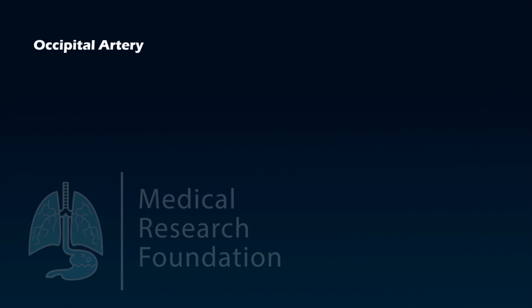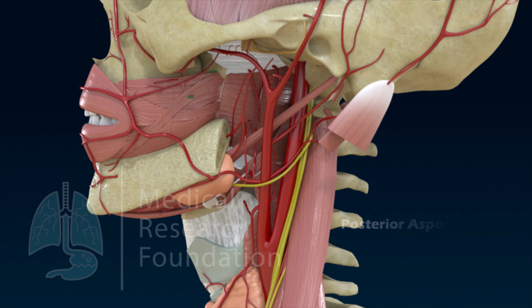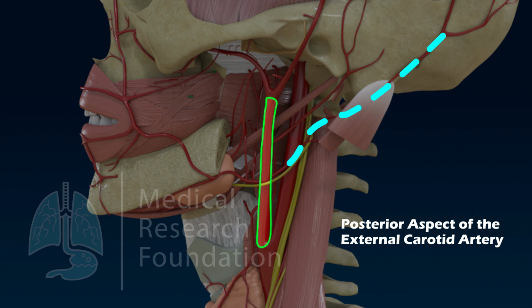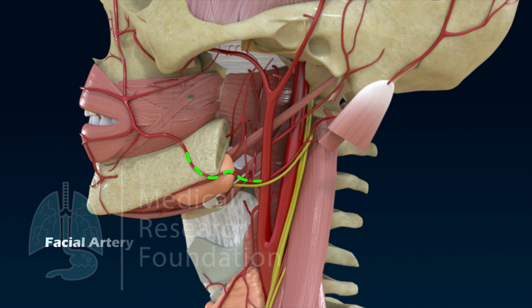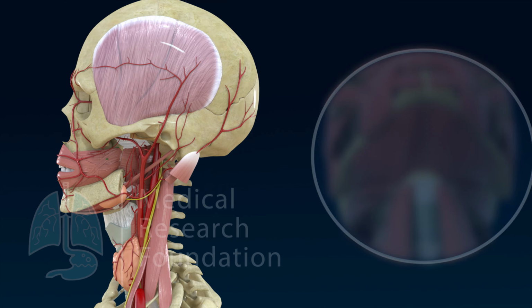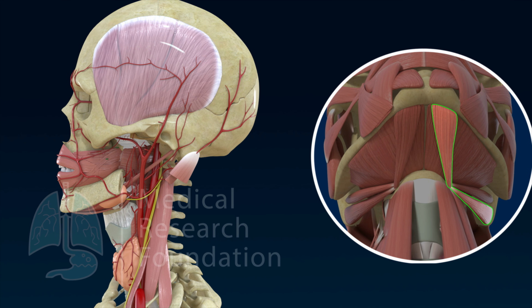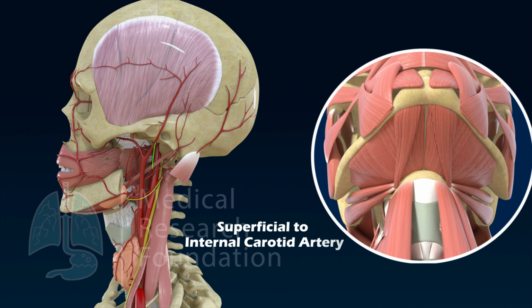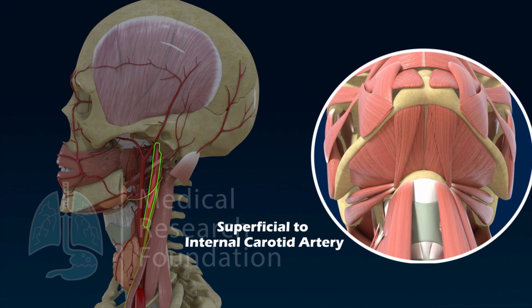Occipital artery. It arises from the posterior aspect of the external carotid artery at the same level as the facial artery. It runs backwards and upwards under cover of the lower border of the posterior belly of digastric muscle, superficial to internal carotid artery.